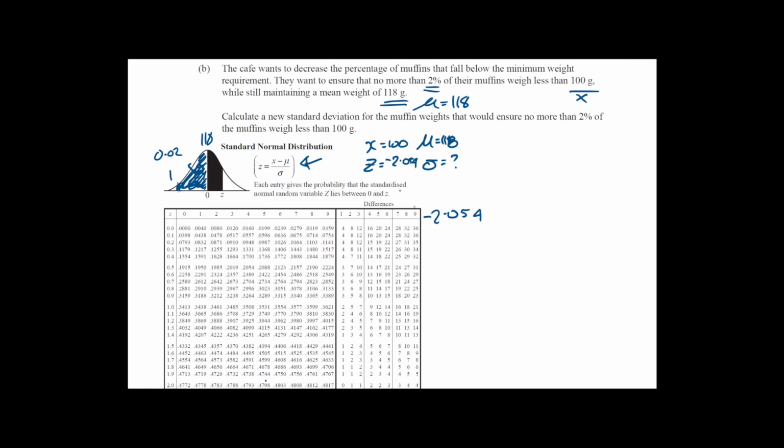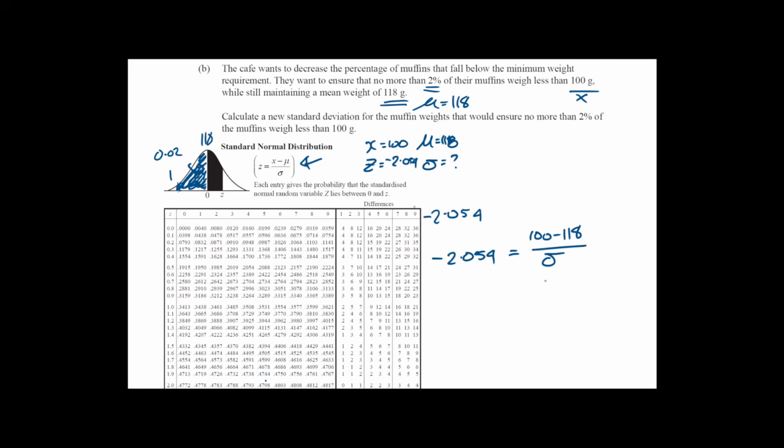Now you had to have minus there, but if we had a positive, we'd just get a screwy answer. Now we've got everything. Now it's just an algebra problem. So negative 2.054 is going to be equal to x, which is 100, minus 118, which is the mu, divided by standard deviation, and we need to find the standard deviation.